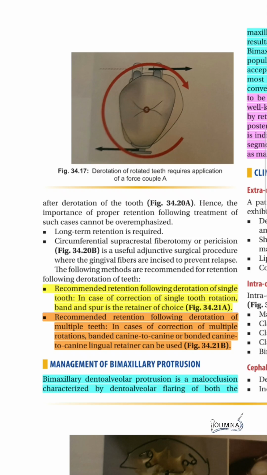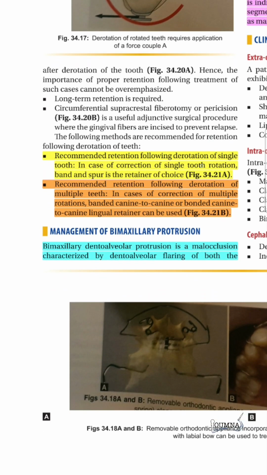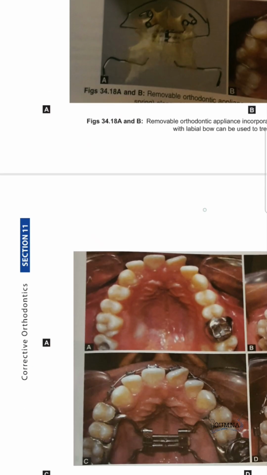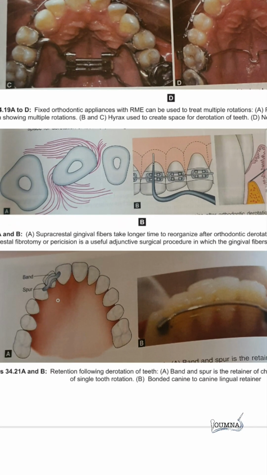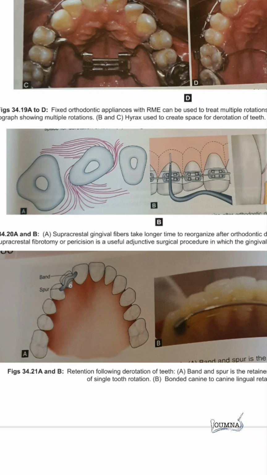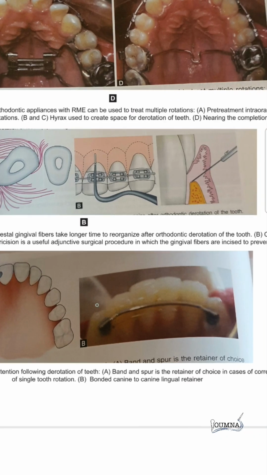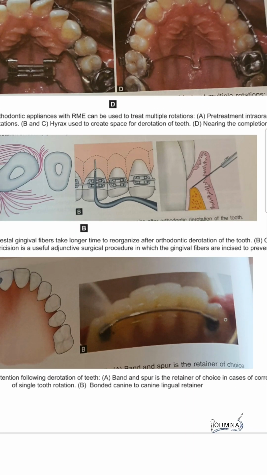Now for the retention. The retention can be done depending on the number of teeth that we want to retain. If we have a single tooth, we can add what is called a band and spur. And if we have multiple teeth that we want to retain, we use a lingual retainer that is bonded from the canine to the canine.